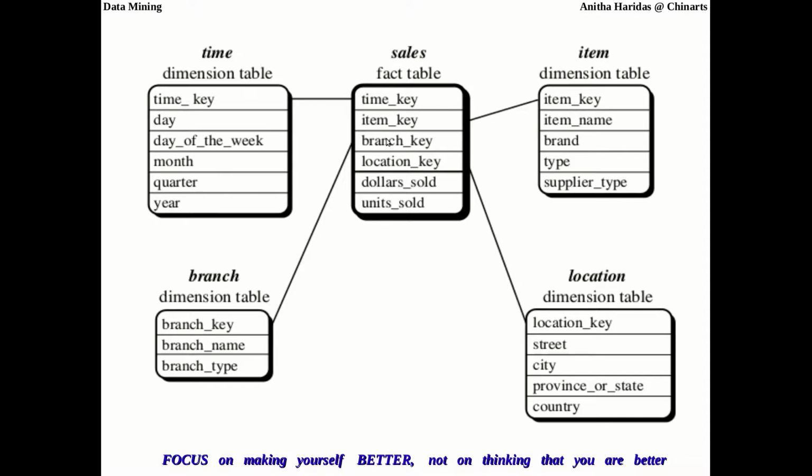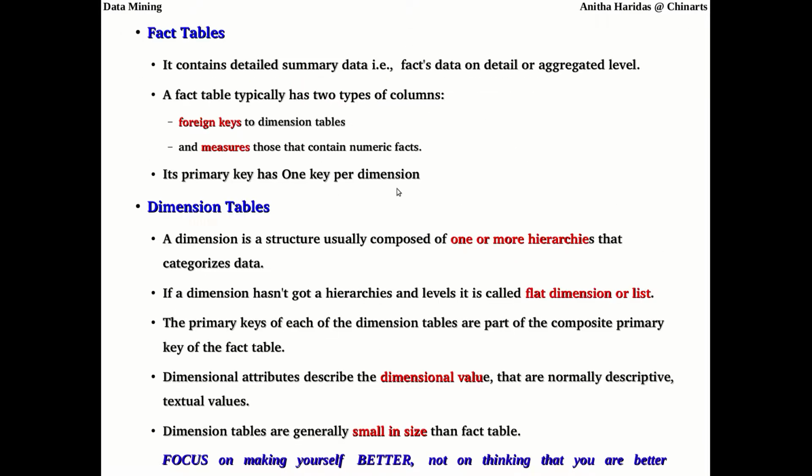So all these things are the foreign keys referring to each dimension table, and you will have a summary value, like the amount sold or number of units sold. You will have the summary or the aggregate value in the fact table. So that is what is told here. A fact table contains two types of columns.